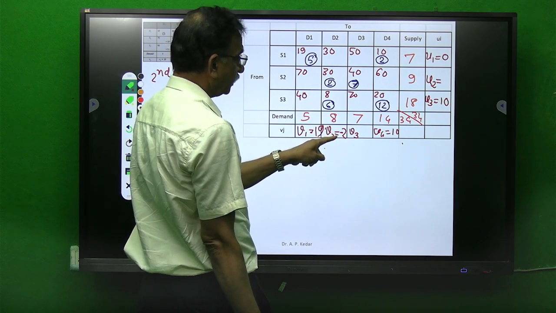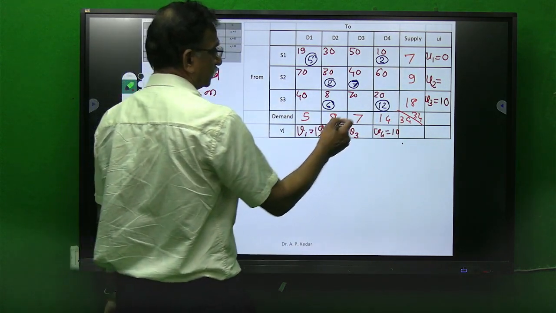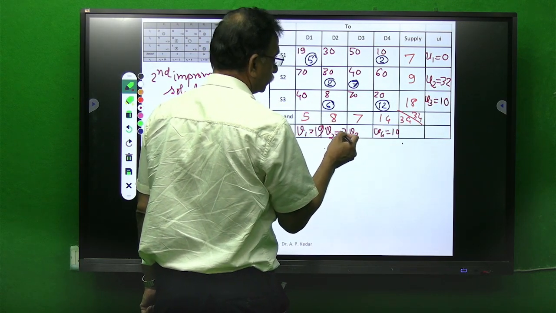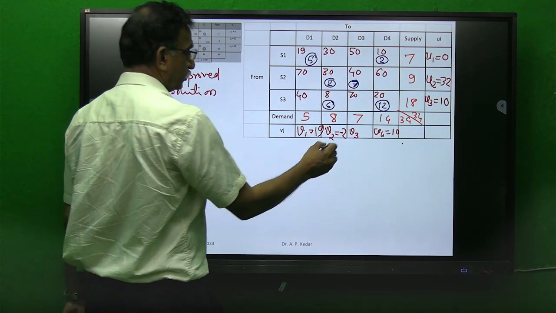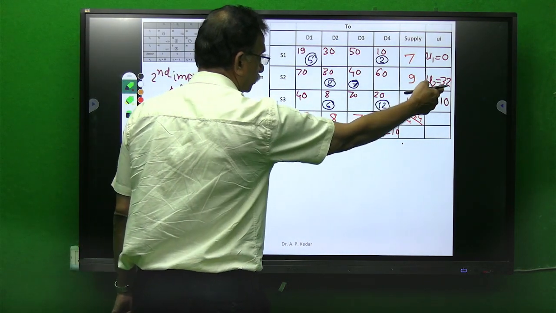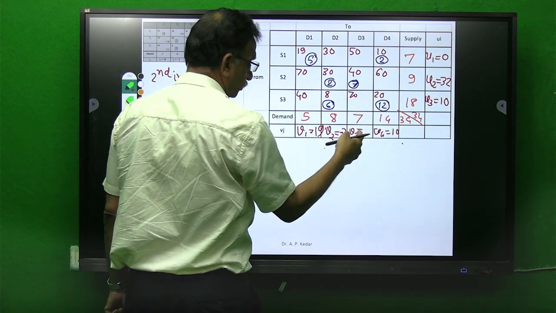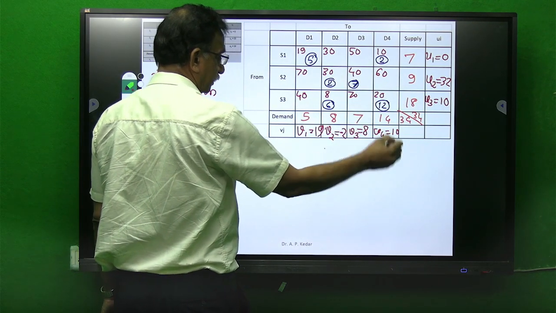Minus 2 plus which value? So naturally, 32 minus 2 gives 30. Now I have the value 32 over here and 40 over here. So which value of v3 plus 32 is 40? So it is 8.